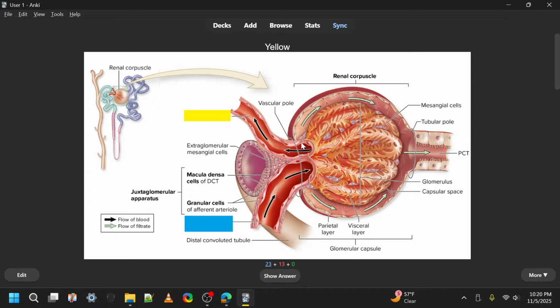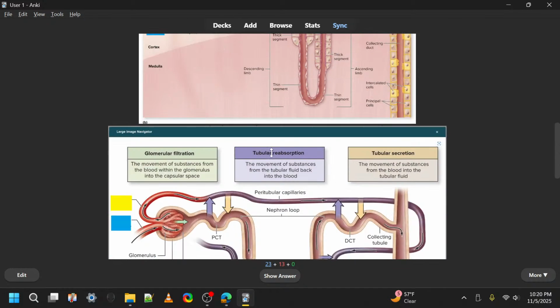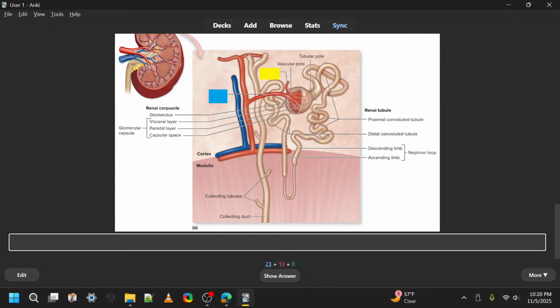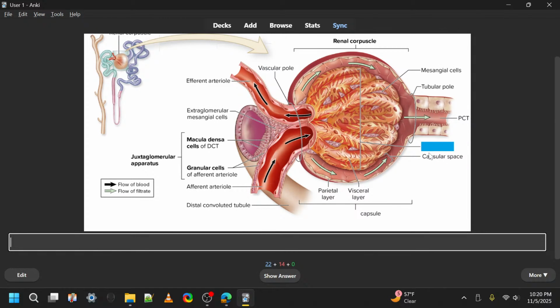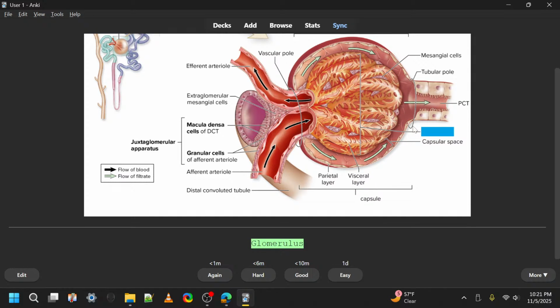So it is the efferent arteriole. Real. Nice. Okay, so the light blue is the glomerulus. I remember glomer and then ulus. Glomerulus.